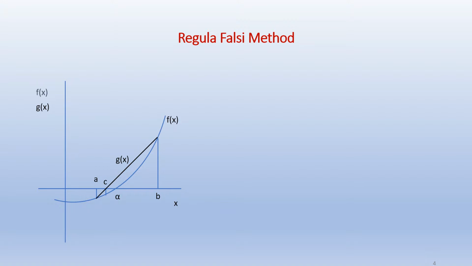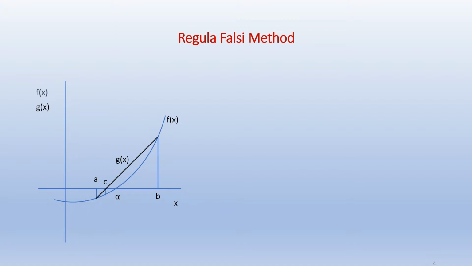The Regula Falsi method is depicted in the graph below. So we need to find the root for the function f of x. So we need to find x value at f of x equals 0. So in this case, we need to find the exact root alpha.